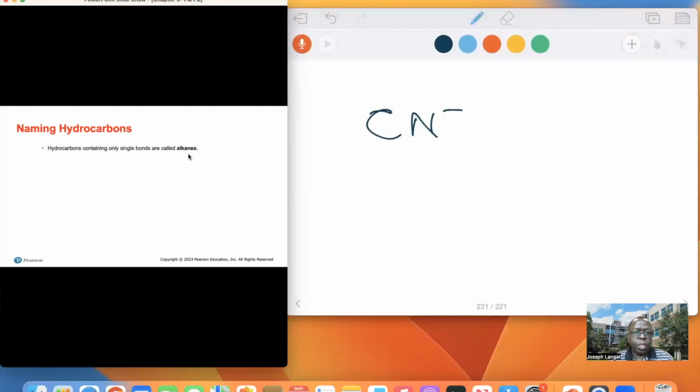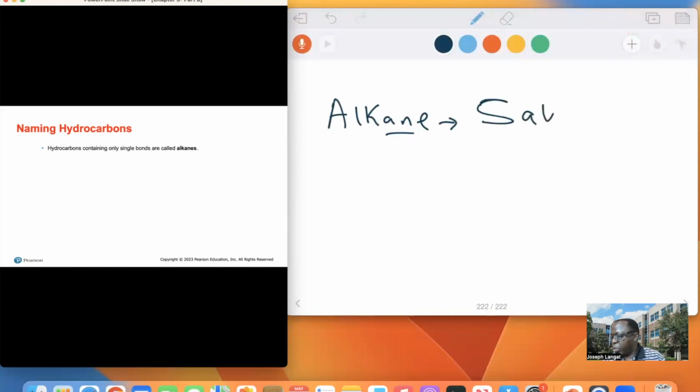Alkanes we sometimes call saturated hydrocarbons. Saturated means they have single bonds, right, single bonds.